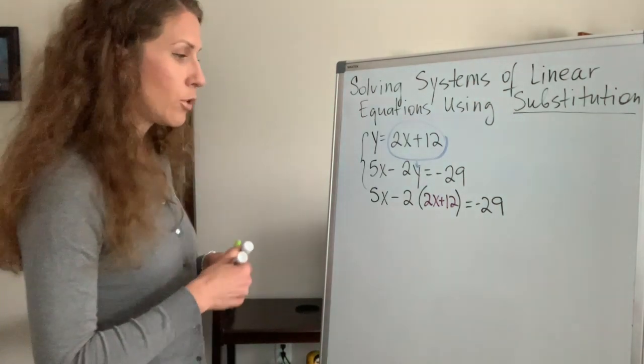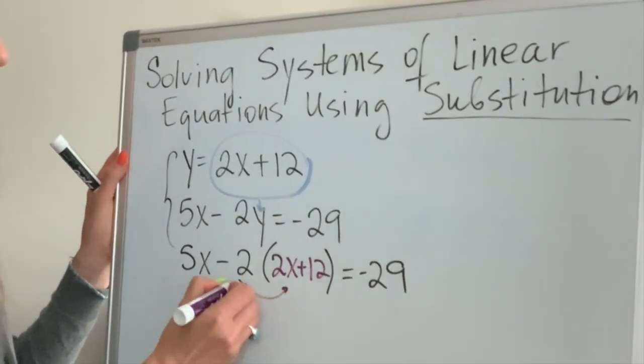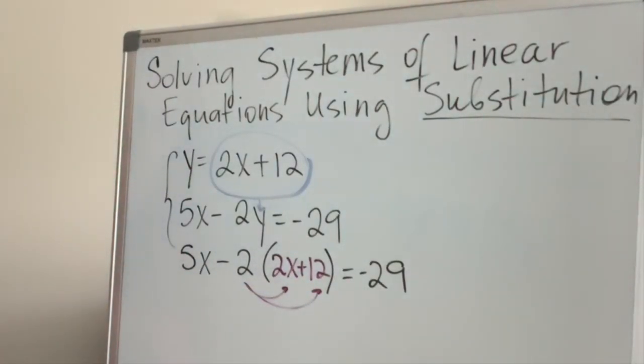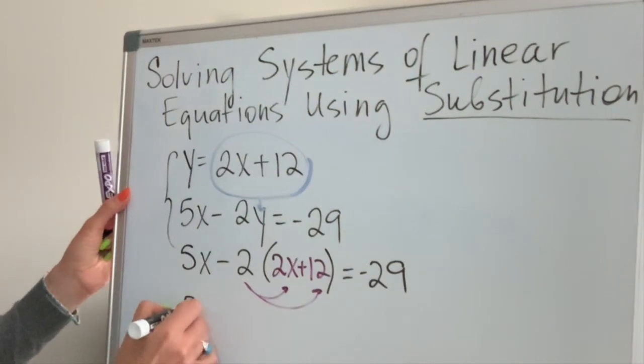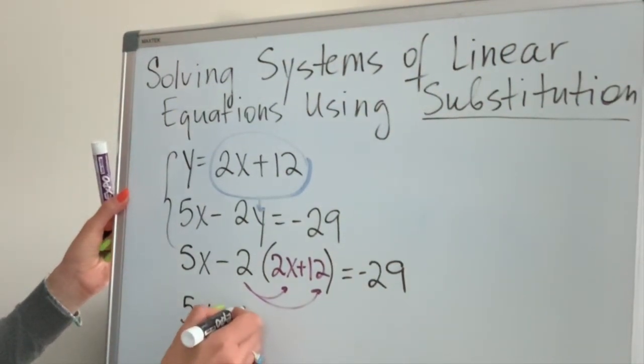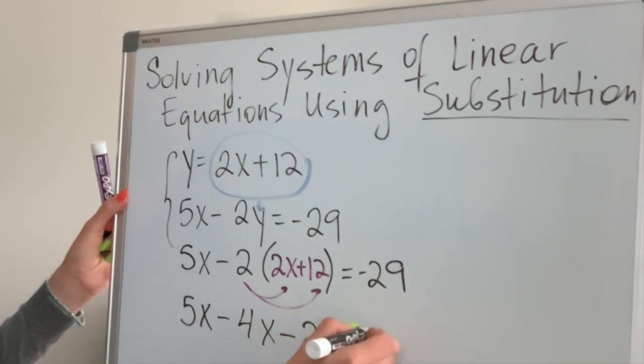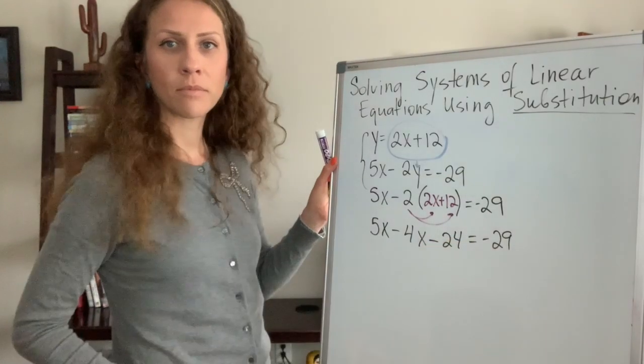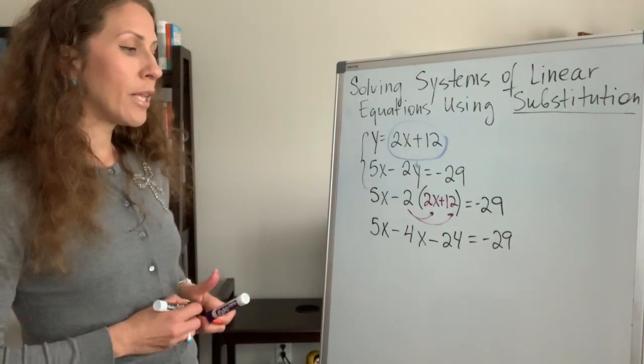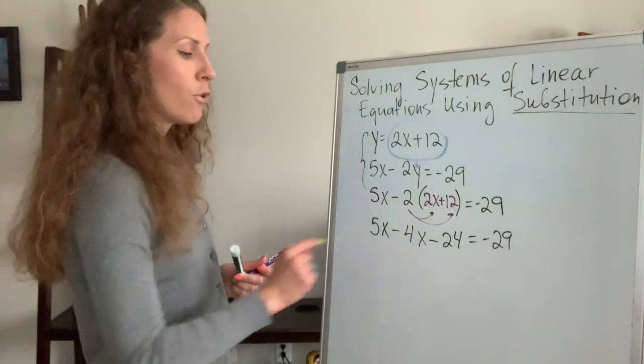So first step, I will distribute. That results in 5x minus 4x minus 24 equals negative 29. Now I will combine like terms. 5x minus 4x is x.